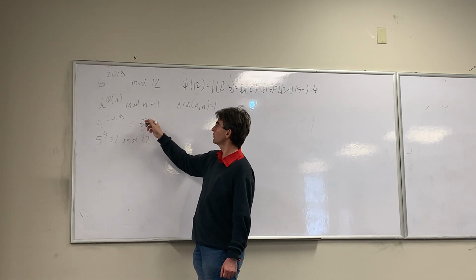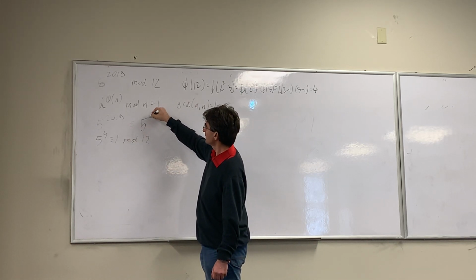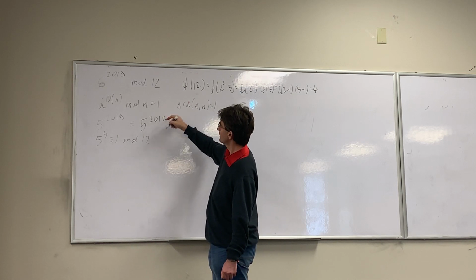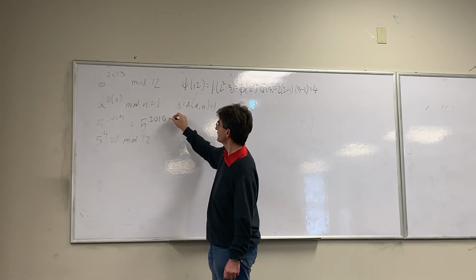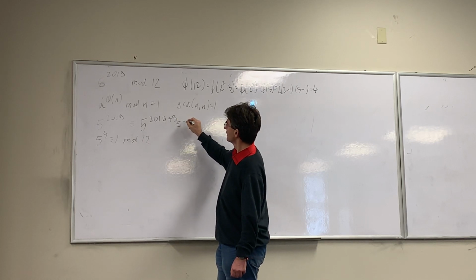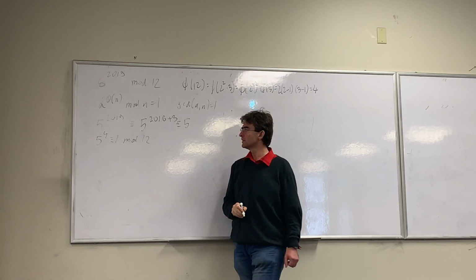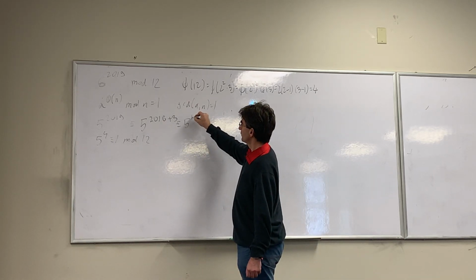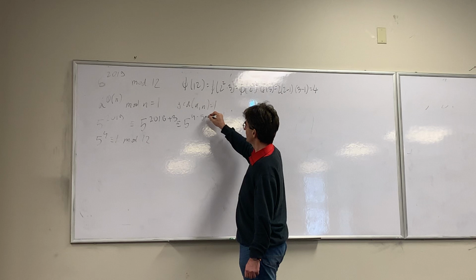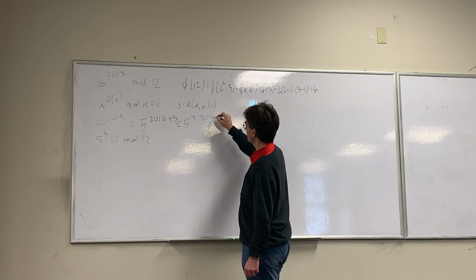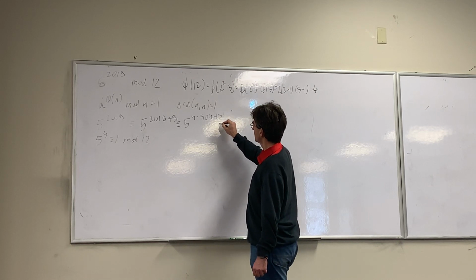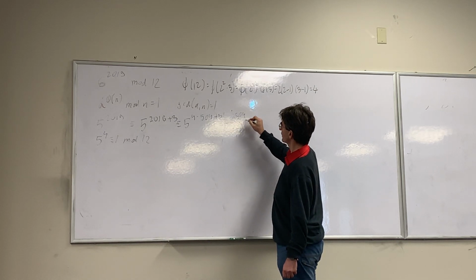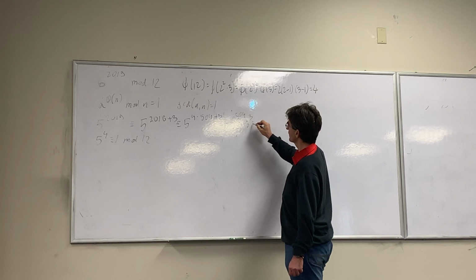So we say this is equal to 2016, which is a multiple of 4, plus 3. So it's congruent further with 5 to the power 4 times 504 plus 3, which is 5 to the power 4, everything to the power 504, times 5 to the power 3.